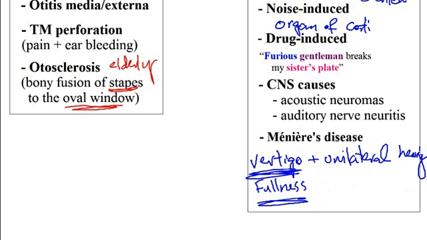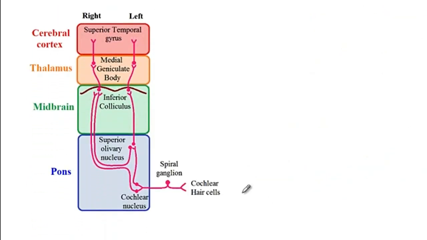Next, I would like to show you the auditory pathway. The cochlear hair cells will send signals via cranial nerve 8 to the cochlear nucleus, and from here on the signals will go bilaterally, both to the right and to the left side, to the superior olivary nuclei, then go to the inferior colliculus, the medial geniculate body in the thalamus, and then finally go to the superior temporal gyrus.